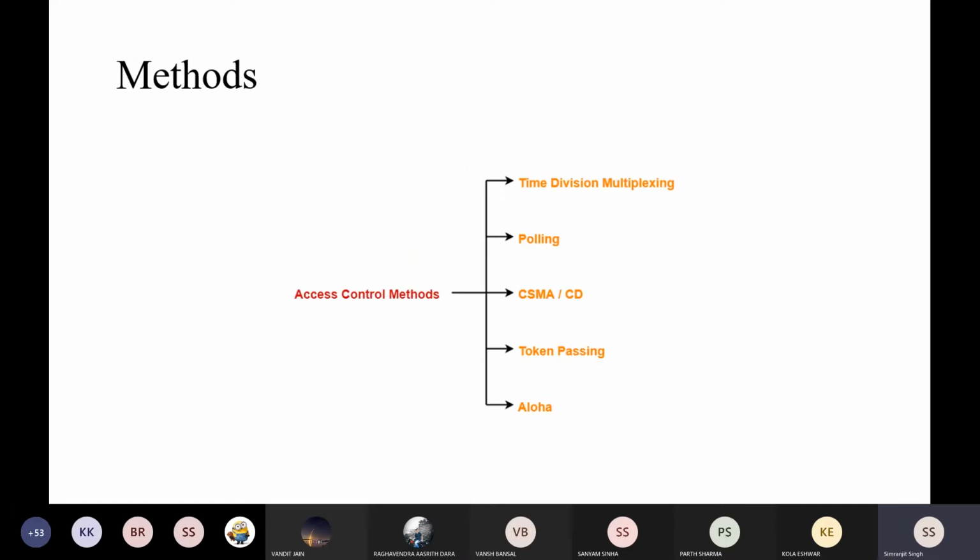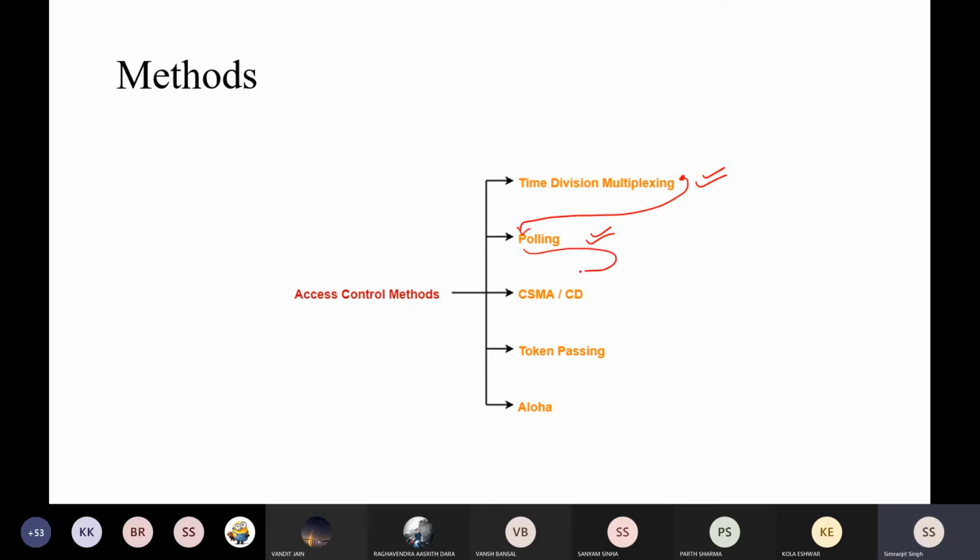Okay, so now how can we control? There are five access control methods. First is one of the simplest ones, time division multiplexing. I'll show you that. Another one is polling, because there are some disadvantages of time division multiplexing, so that is why this particular method was invented.